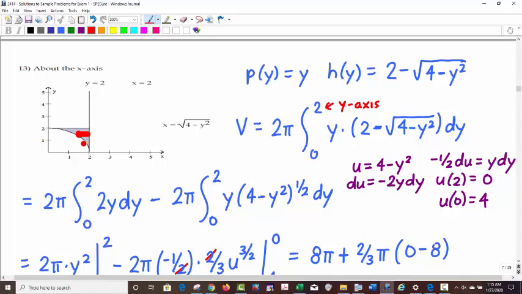So say that height would be y for the shell, but then the length would be 2 minus the inside curve. It'd be easy just to think it's the square root of 4 minus y squared. That would be true if it was this inner empty region.